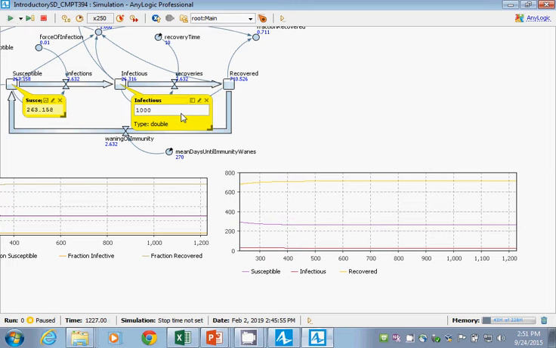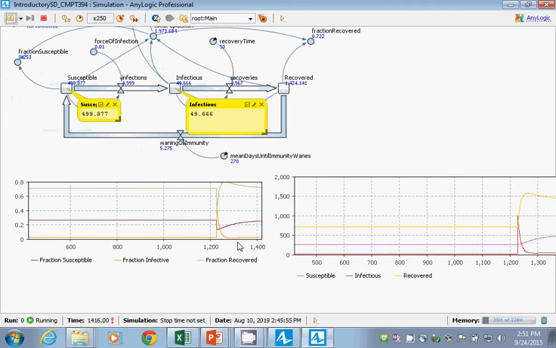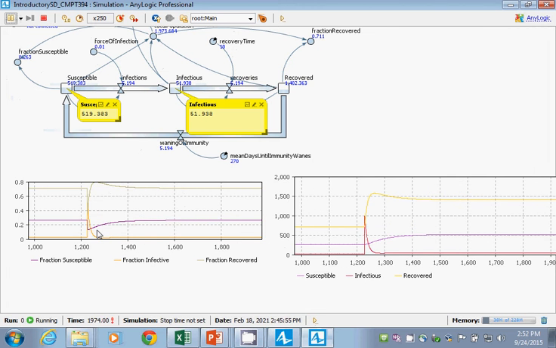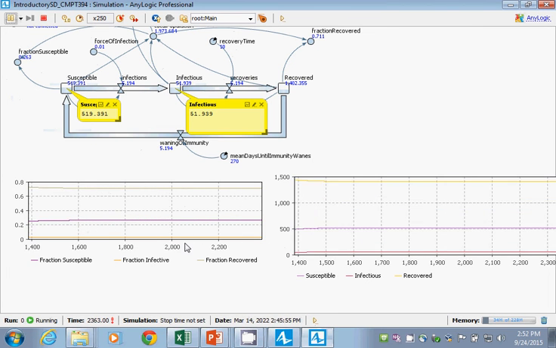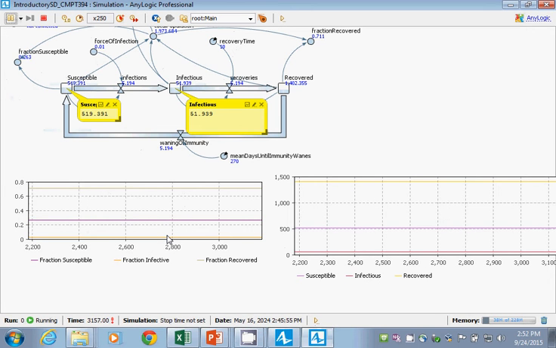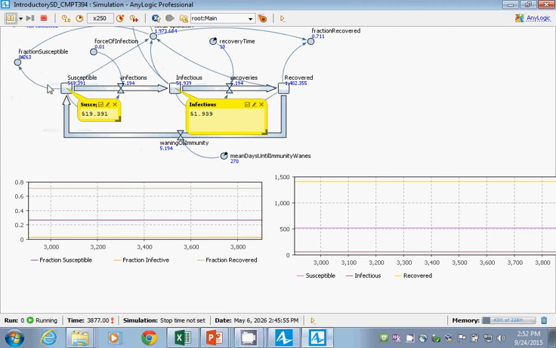What do you think is going to happen to the fraction who are infective? Well, it's going to go up, right? It shoots up, the fraction infected, but then it shoots down again and comes back to the same fraction. Not the absolute number, because we added people to the population, but it's back to the same fraction. This system resists perturbing. It's stable.